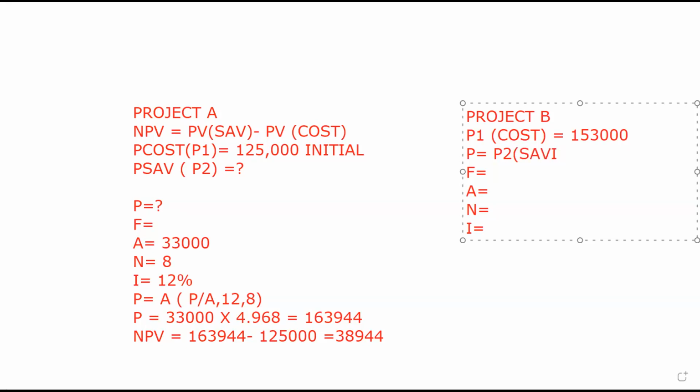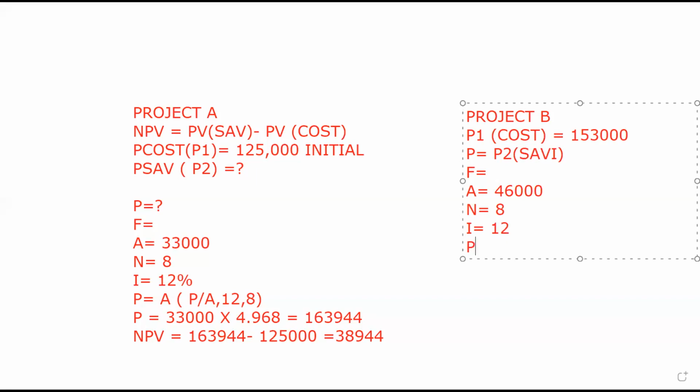What is the annual savings? 46,000, that we use to get the present savings. Number of years is the same, right? Interest rate is 12.